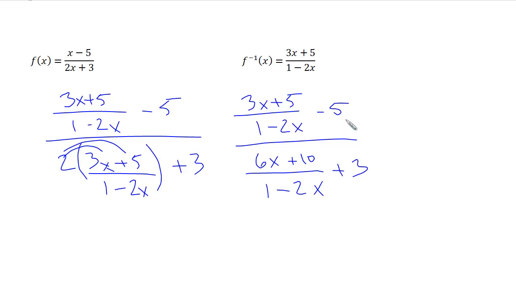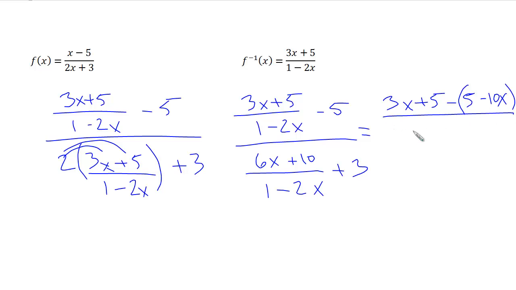So in order to subtract 5 from this, I need like terms. This is ultimately just a fraction, so I'm going to find a common denominator, which would be the 1 minus 2x. So if I do that, I'm just multiplying this by that value. So I can kind of simplify this to 3x plus 5 minus, and then times this quantity. So it's going to be minus 5, and then 5 times negative 2x is a minus 10x.